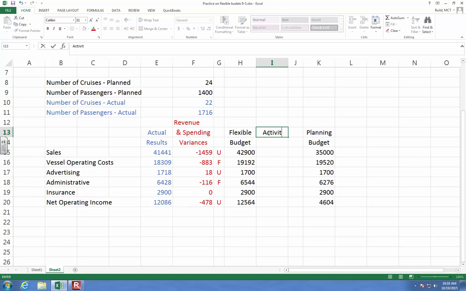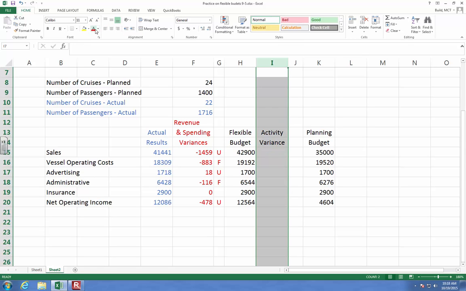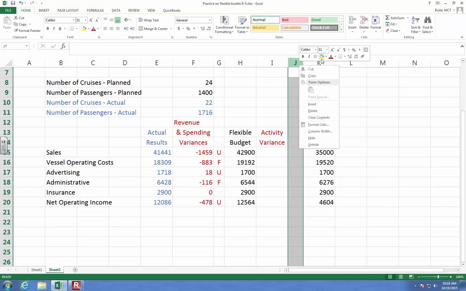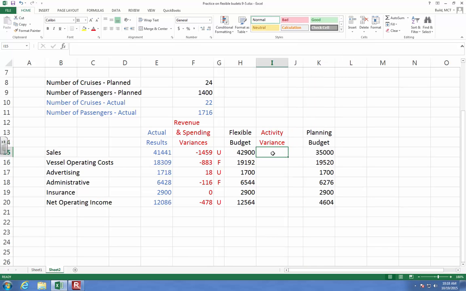That is solely based upon the fact that the flexible budget was at one activity level and the planning budget was at another level, right? So of course, I had a whole bunch more passengers than I thought, so this is what kind of variance? Favorable.